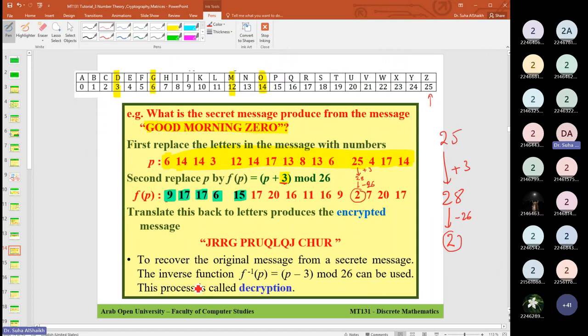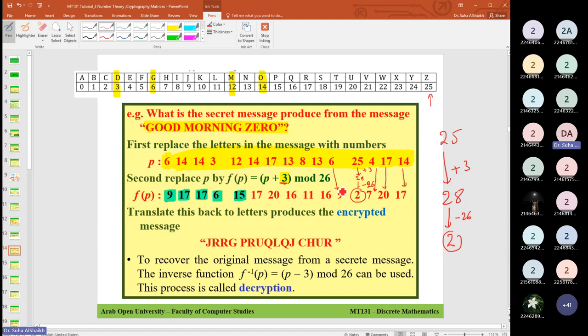Okay? As long as the number is within the 26 numbers, we add 3 and write the result directly. But if the number is outside the 26 numbers that I have, we have to subtract 26. So for example, 14 goes to 17 by adding 3 directly, 17 goes to 20, 4 goes to 7, 6 to 9, 13 to 16, 8 to 11, 13 to 16, 17 to 20.